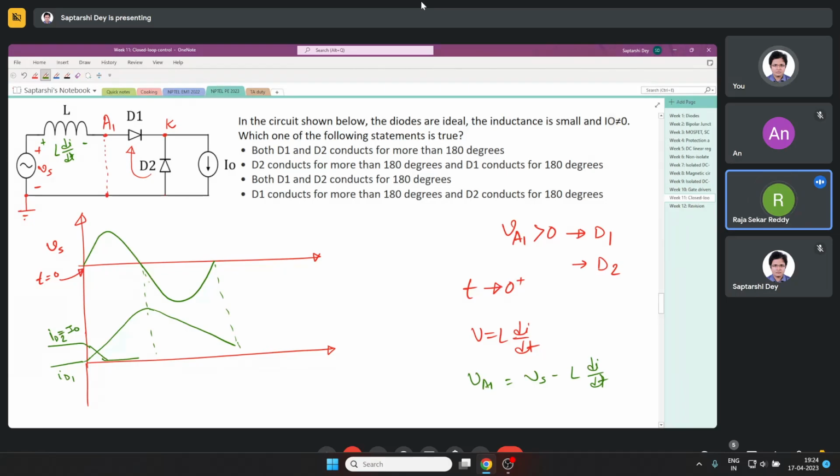And when it is reducing in this fashion, L di dt is negative, but VA1 is still positive.